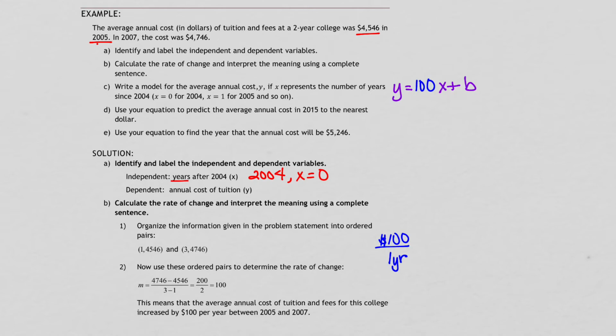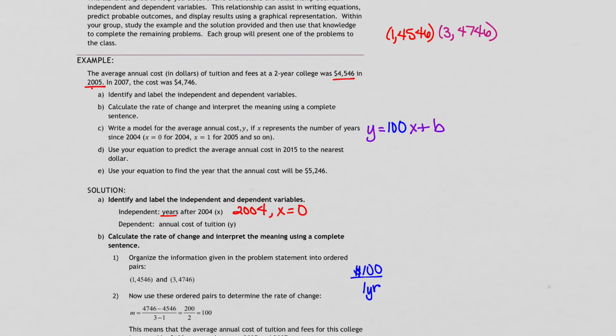I'm going to use the first point, where y was 4,546 and x was 1, and solve for b.